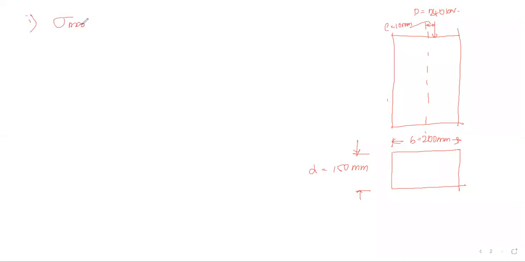Now first question, sigma max and sigma minimum. Sigma max is equal to sigma naught plus sigma b, which is nothing but P by A into 1 plus 6e by b.